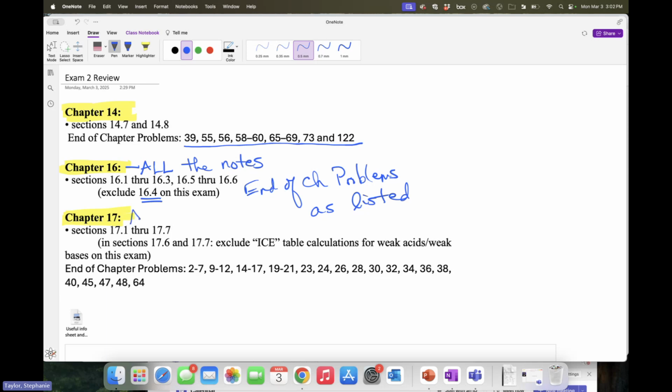Chapter 17 is acids and bases. The big weird thing with this is where we stop is kind of strange according to the book. And we can have this conversation.